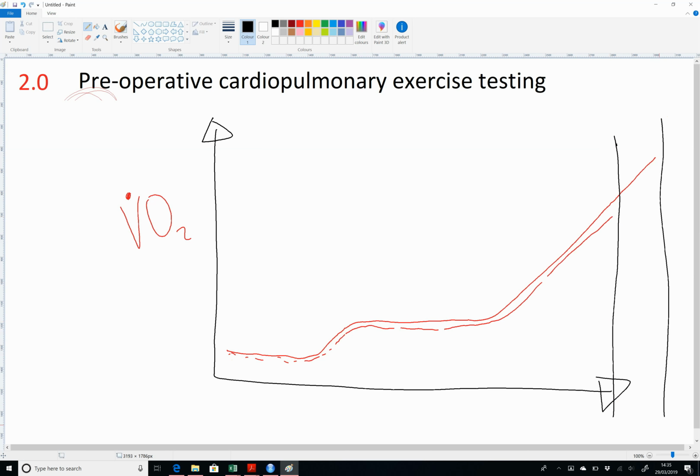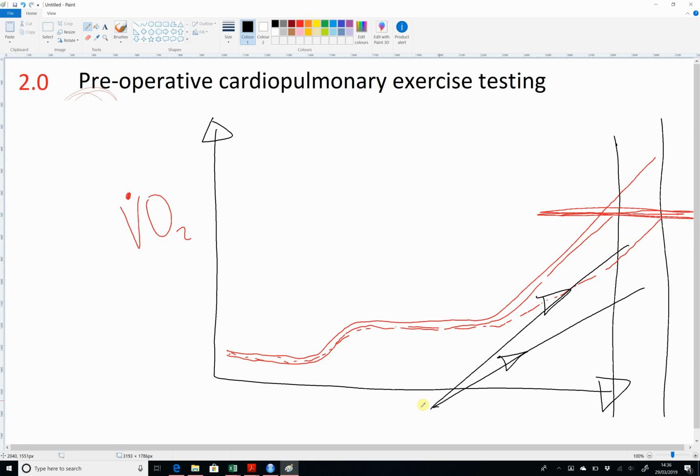If we have looked at the patient and thought, oh, they look a bit unfit, then what we might have done is use a lower power such that the slope is lower, but they finish at the same point. So one of your jobs as the clinician looking after these patients is to decide what ramp rate to use. So do you use a shallower ramp or a steeper ramp or a very shallow ramp, etc.